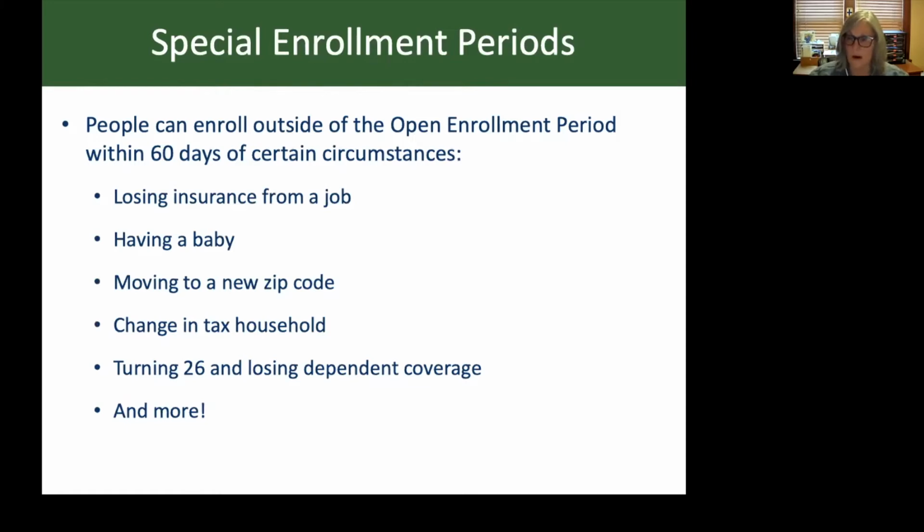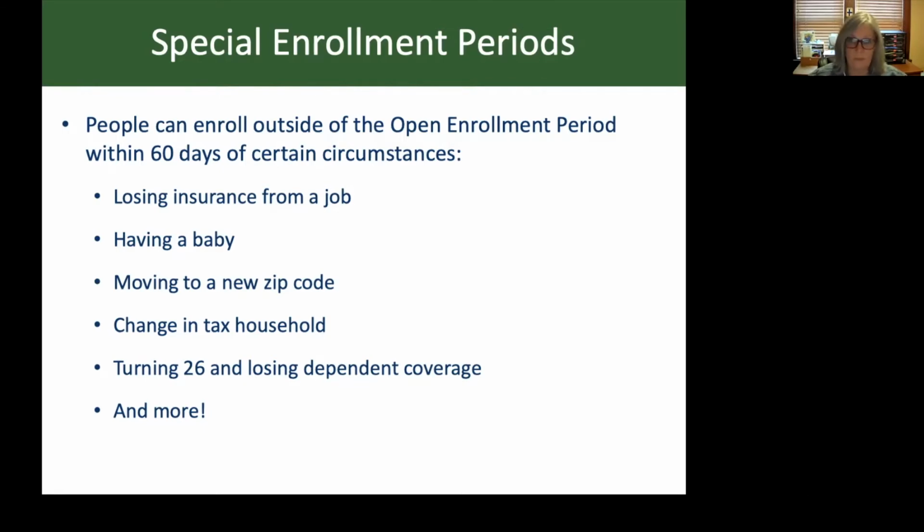Now, there are special enrollment periods. So the people who can enroll outside of the open enrollment period, which again ends December 15th, they have 60 days based on certain circumstances. For example, if you lose insurance from a job in February of next year, you will get a special enrollment period.